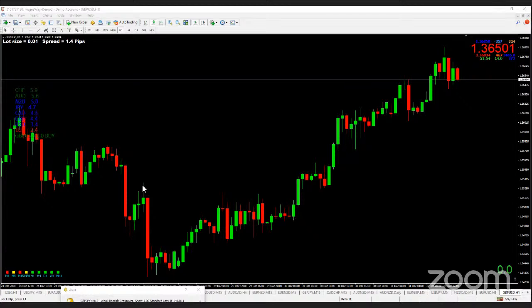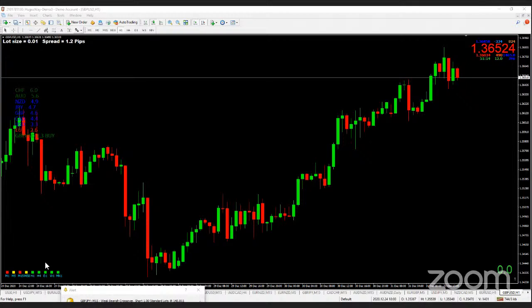I've just chosen the pound USD. Really we can use any currency, it works with any. Like I said earlier on, we do have a number of indicators here. On the top right-hand corner, this is known as the market price indicator. At the bottom right, we have the pipsometer. At the bottom left-hand corner, we have the GG trend bar.